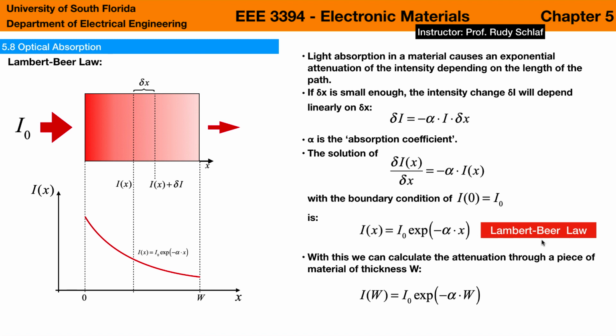And this is called the Lambert-Beer law. And with this we could, for example, calculate how much attenuation occurs as the light goes through this piece of material that has a width of w. So you would just plug in w as x, and then you could calculate the intensity of the light that comes out here if you put in I0.